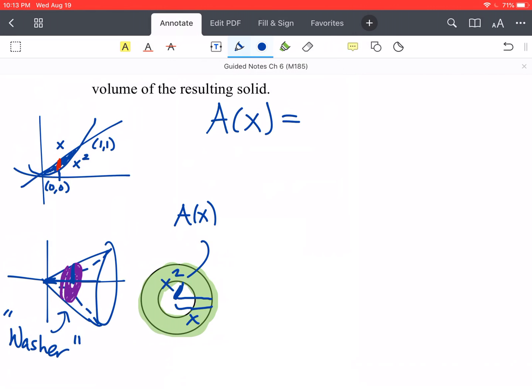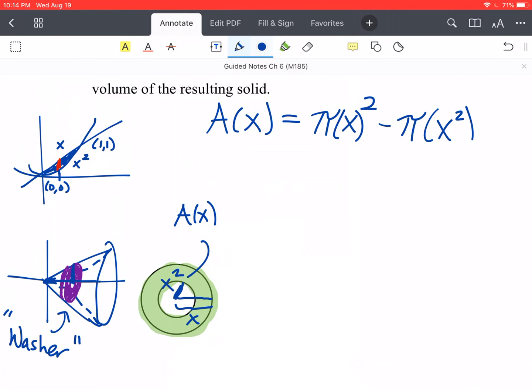So the area is the area of the big circle minus the area of the small circle. So the area of the big circle is pi r squared, so pi times x squared, minus the area of the small circle, which is pi r squared, but the radius of the small circle is x squared.